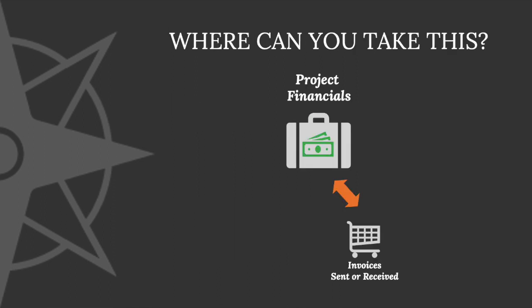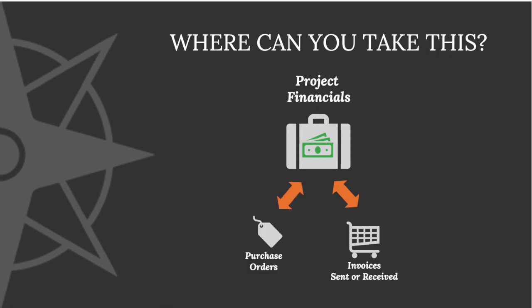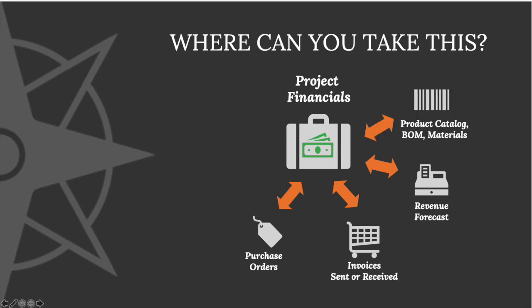Now, while we're going to keep it really pretty simple for today's video and just talk about invoices that are costs to your project, you can also track invoices that are sent from your project out to a customer. You can also track purchase orders. You can also extend the solution and track revenue forecasts to your project. You can look at a product catalog, a bill of materials, or even just materials that hit your project for cost.